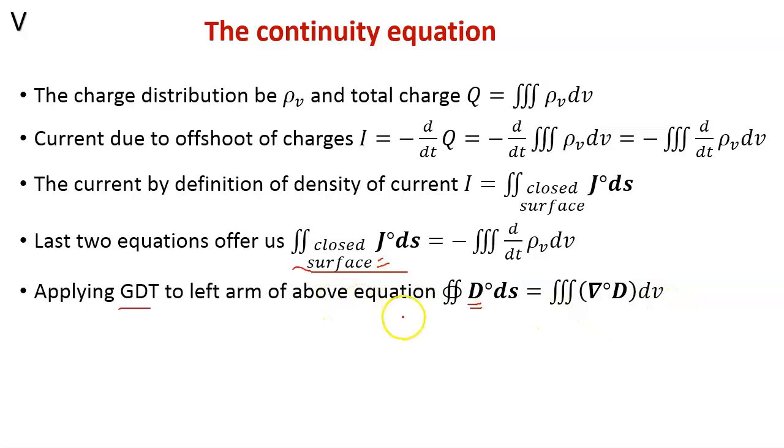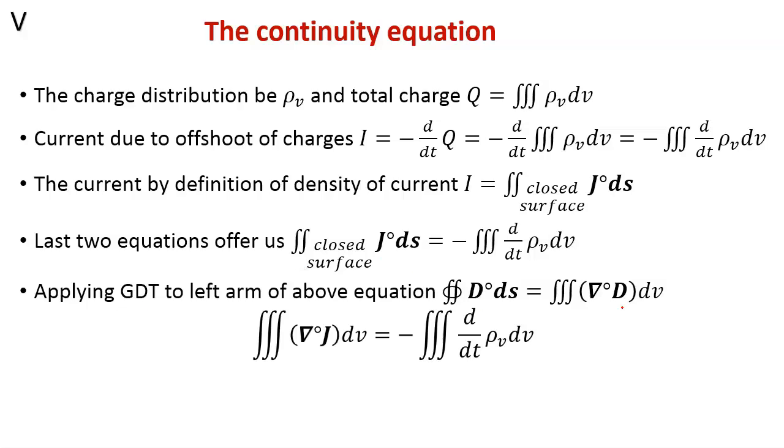So here we are having double integration over closed surface on the left hand side, and on the right hand side we have volume integration, and the integrand is divergence of d, that is the degree to which the vector field d bar spreads out. Now we are going to use this for j bar.